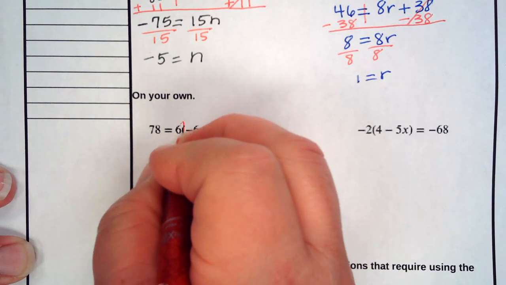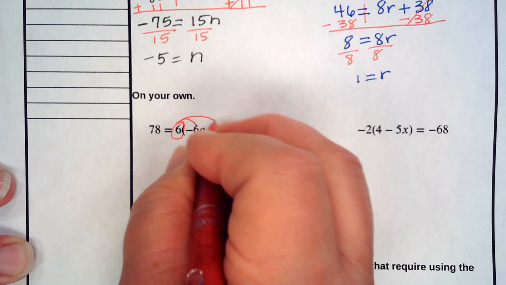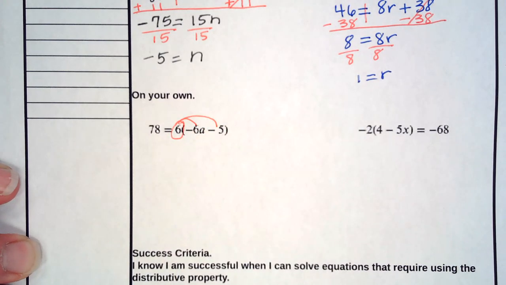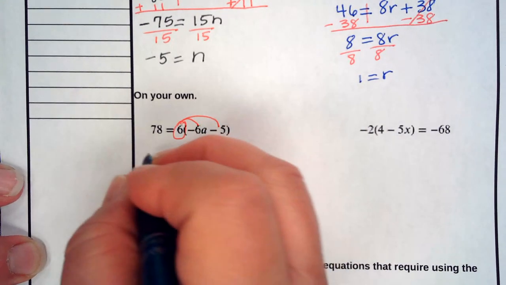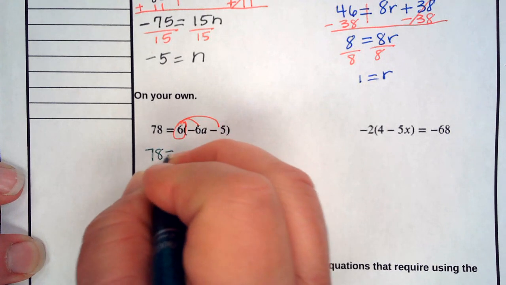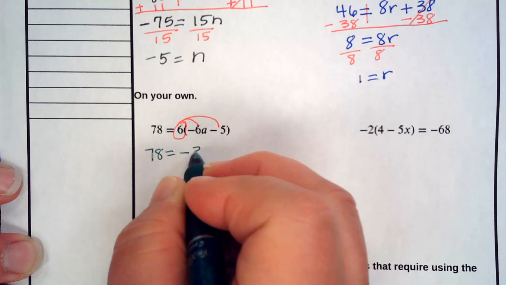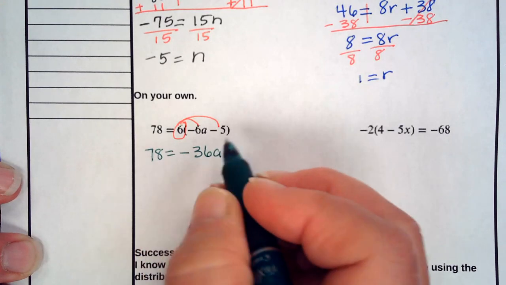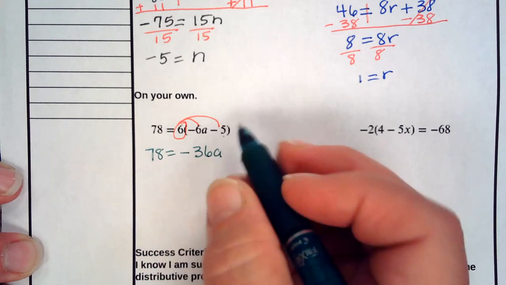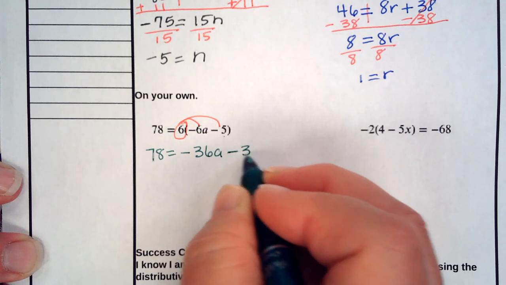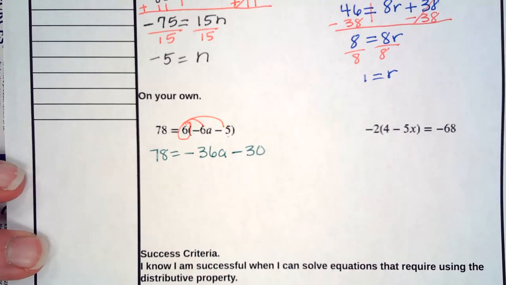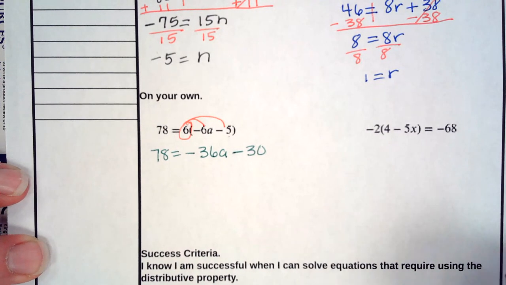So I'm going to distribute the 6. I've got 78 is equal to 6 times negative 6a is negative 36a. 6 times negative 5 is negative 30. Okay, I've distributed.